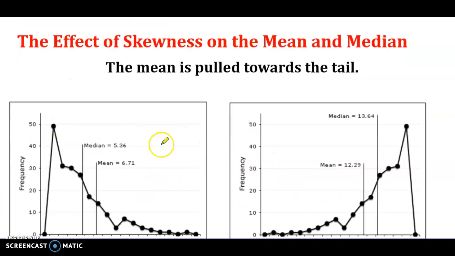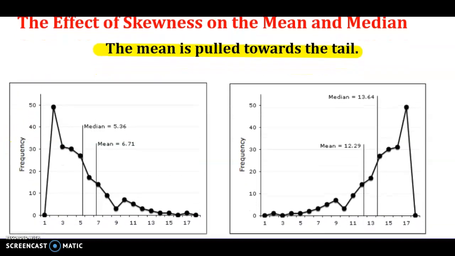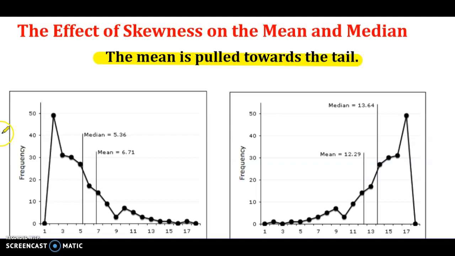Okay, next, the skewness on the mean and the median. This is something that I would make sure I've got pulled down. The mean is going to be pulled towards the tail, always. Always, always, always. Which is why, often, if you have a situation where there are some outliers, you don't want to use your mean as your measurement of centrality.